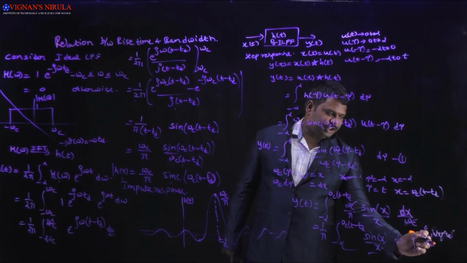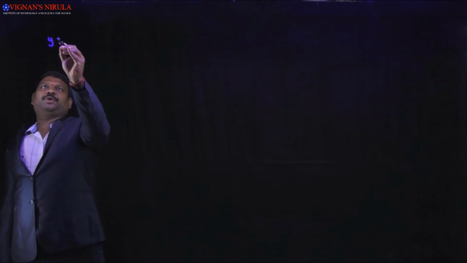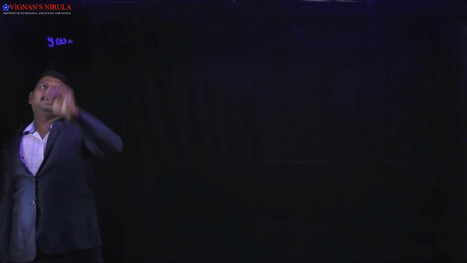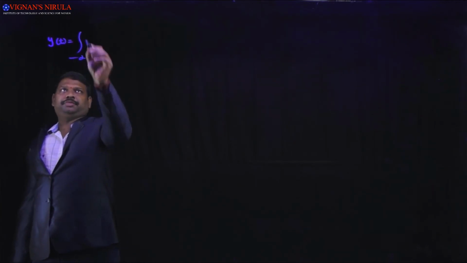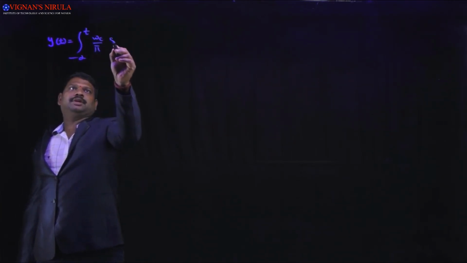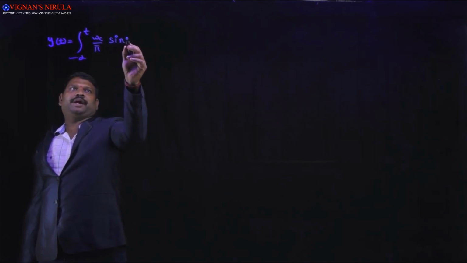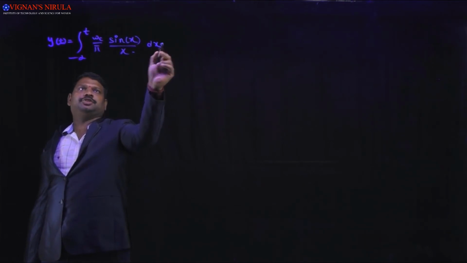First we should study the sine integral function, and later we will get the expression for our y of t. We have y of t equal to the integral from minus infinity to t of omega c by pi sine of x by x dx.